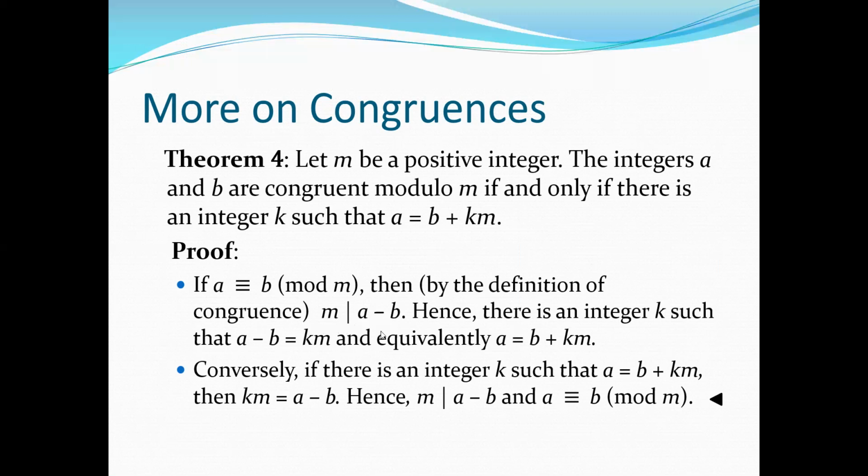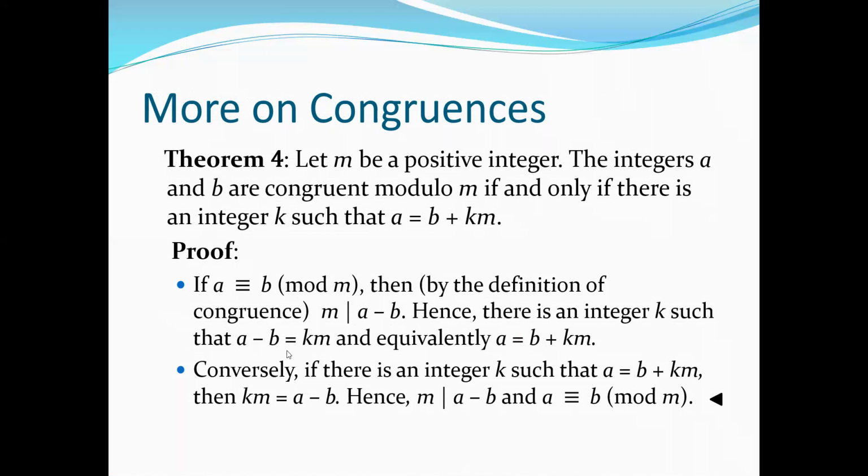So this is the division definition: m divides a minus b. Based on the definition, it will be divisible if we have a certain integer which, when we multiplied to m, yields the result of a minus b.